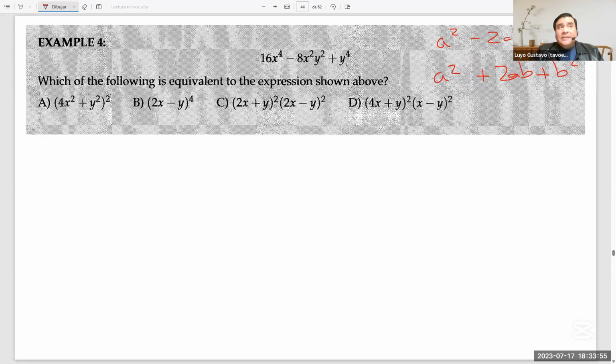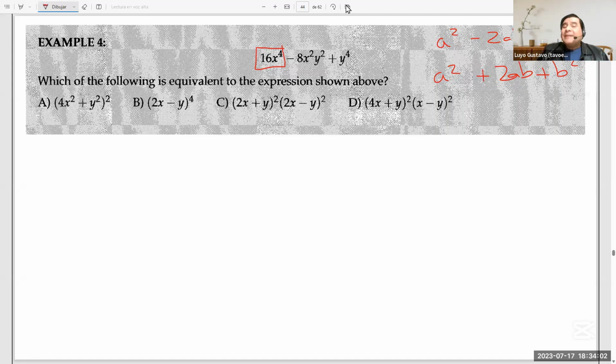Notice here that it's always a good idea to attack the end terms, those terms that are likely to be squares.